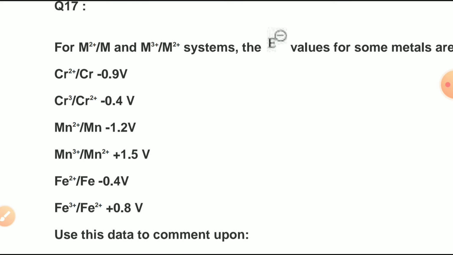Cr3 positive oblique Cr2 positive is minus 0.4. Mn2 positive oblique Mn is minus 1.2. Mn3 positive oblique Mn2 positive is positive 1.5. Fe2 positive oblique Fe is equal to minus 0.4. Fe3 positive oblique Fe2 positive is positive 0.8.